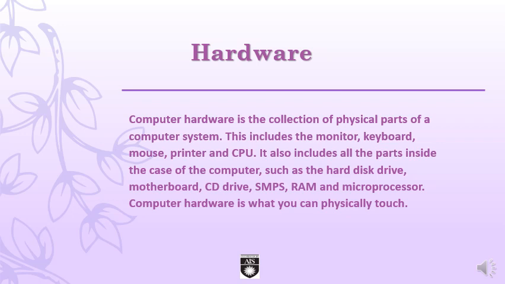Examples of hardware can be CPU, keyboard, mouse, hard disk, etc. Computer hardware, again we can say, is a collection of several components working together. Some parts are essential and some parts are added advantages to the computer.